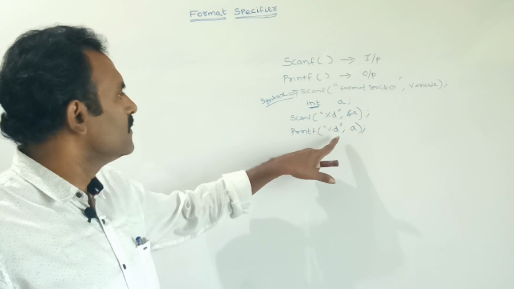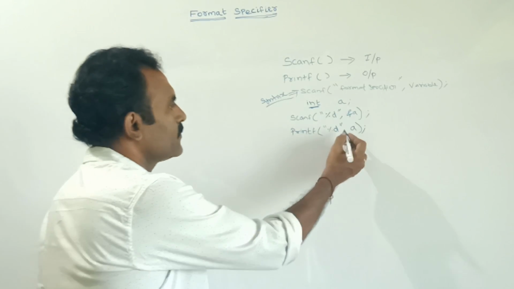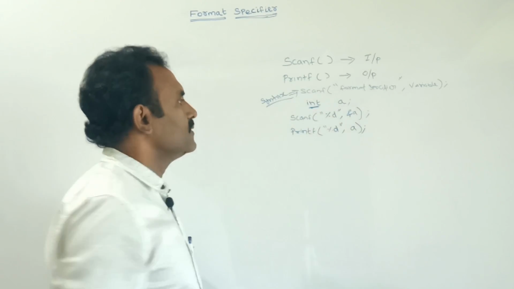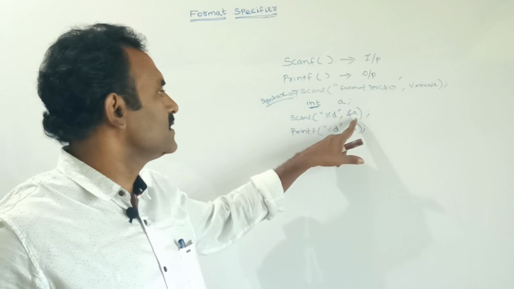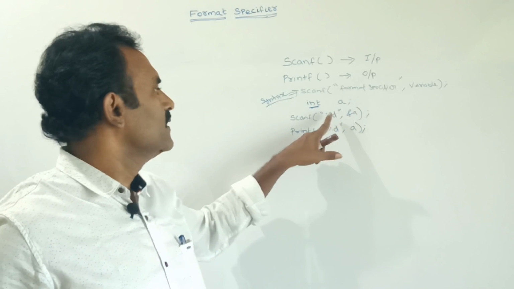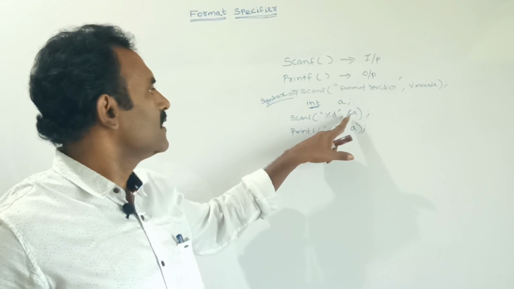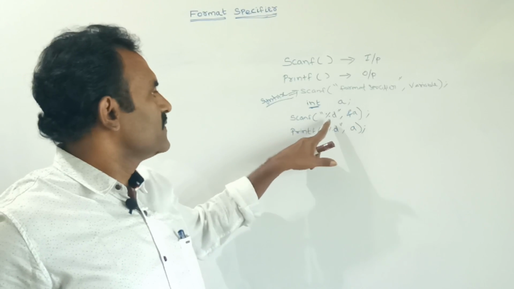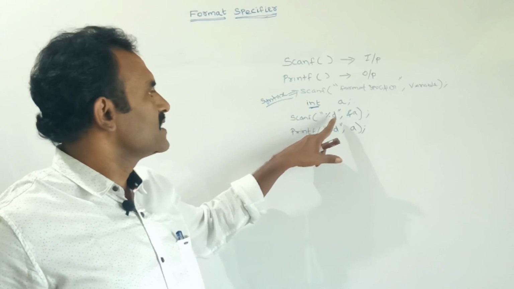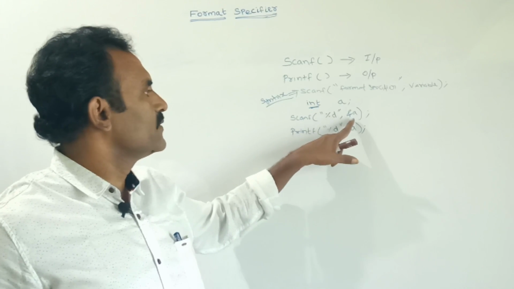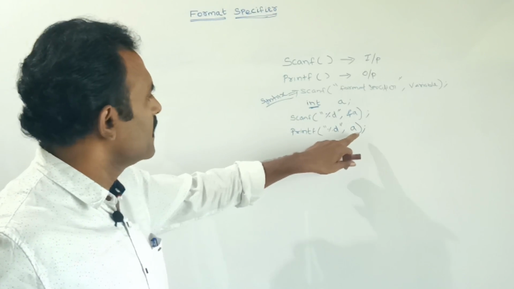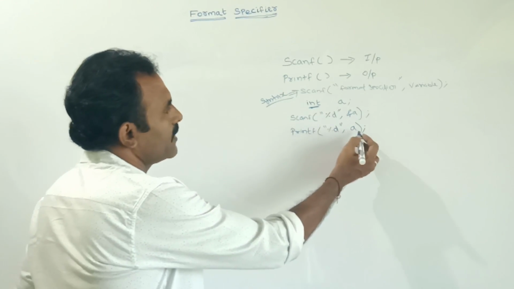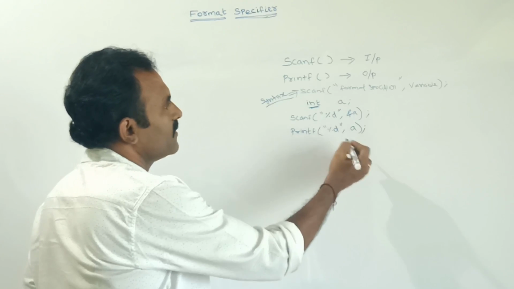So here we need not mention the ampersand symbol. For the scanf function only we should use the ampersand, that is mainly for integer. Suppose we are going to store a string value, in that case we need not mention the ampersand symbol. Here the %d, after that I am telling it to print the value of a.